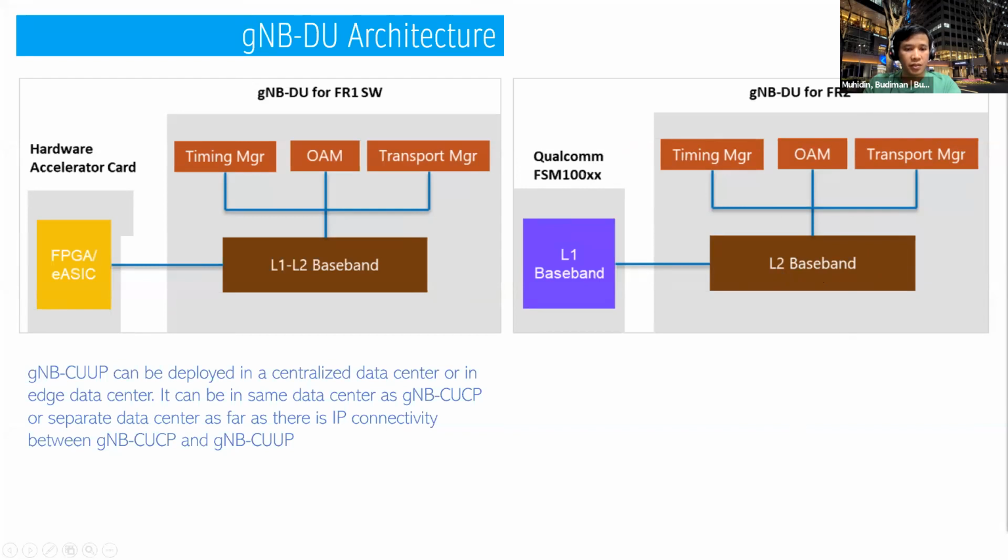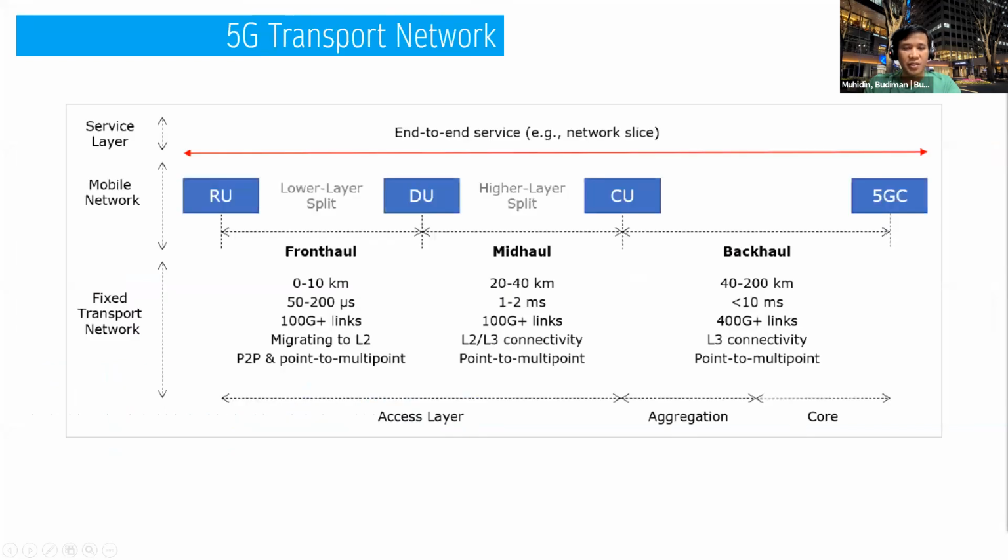Okay, so we can go to the next review about the 5G transport network. If you can see here, this transport network of each part, the fronthaul, midhaul, and backhaul, has lower latency required for 5G.